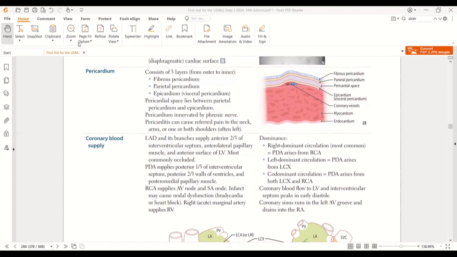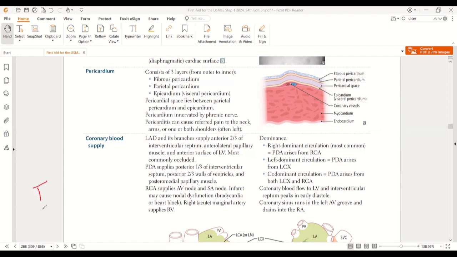So what is a lead? What is the ECG lead? Can anybody tell me? The electrode is a different thing. Lead is a different thing.